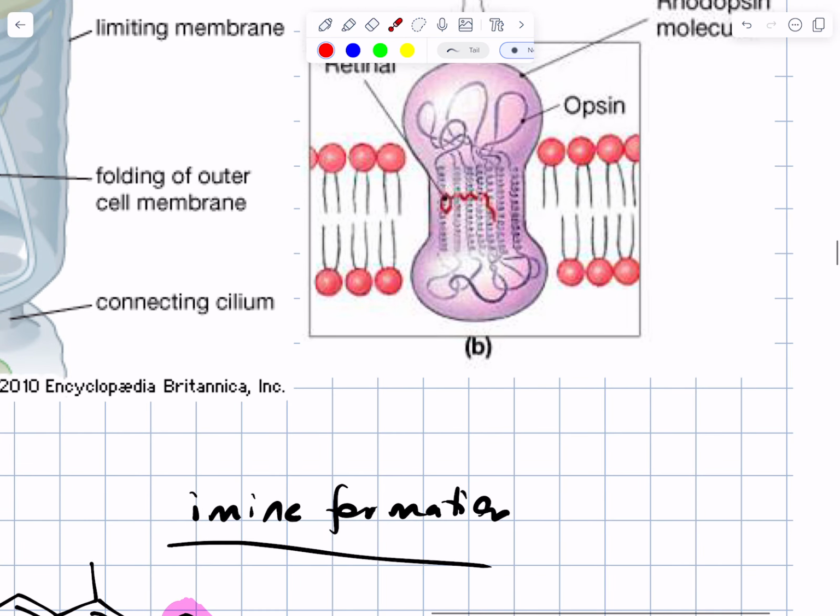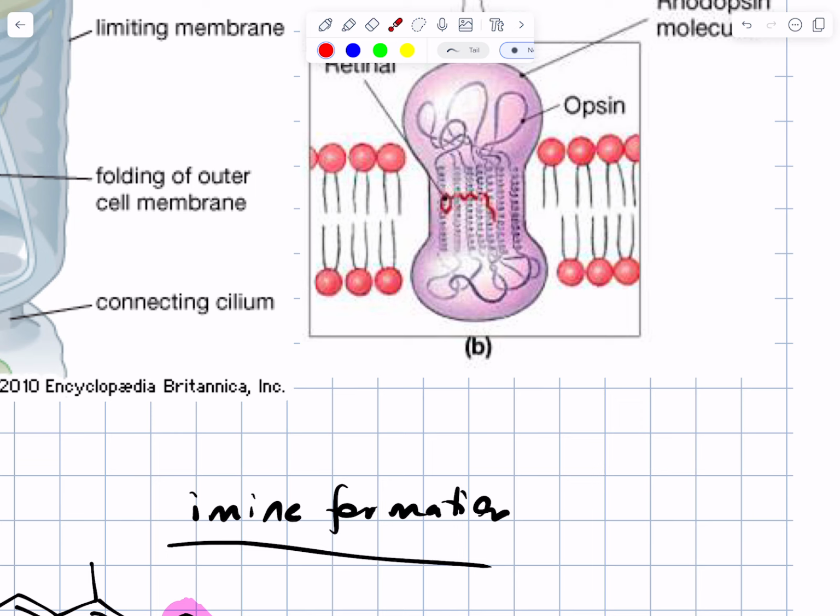It turns out, this is really interesting, once the retinal has isomerized, the rhodopsin molecule is no longer useful. It actually has to be transported somewhere and processed. An enzyme clips out the trans retinal and then puts in a new 11-cis-retinal and then traffics it back into the rod and cone cells. That takes some time.